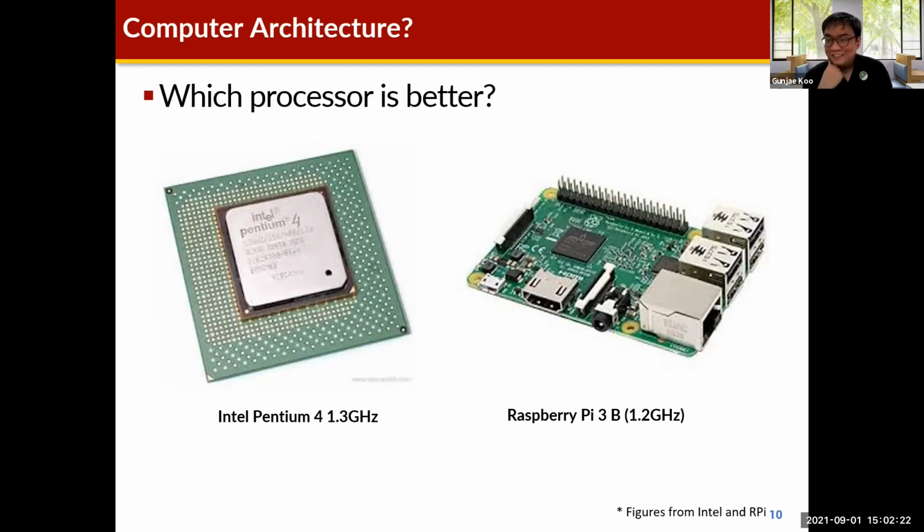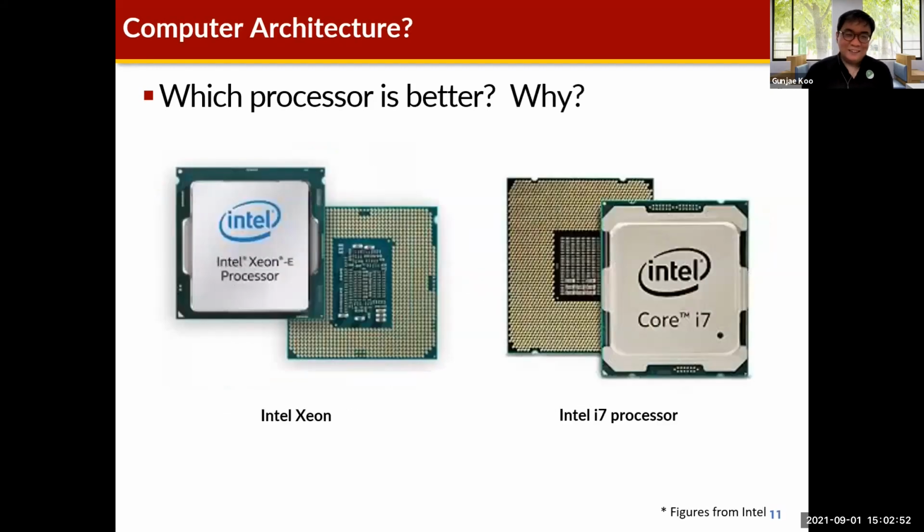Can you answer? Is it the Pentium 4 or the Raspberry Pi ARM CPU? The clock frequency is very similar, 1.3 gigahertz and 1.2 gigahertz. So how can you measure? Intel is better than ARM. Okay, which processor is better and why?